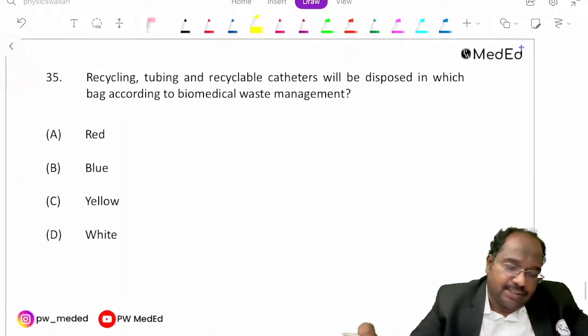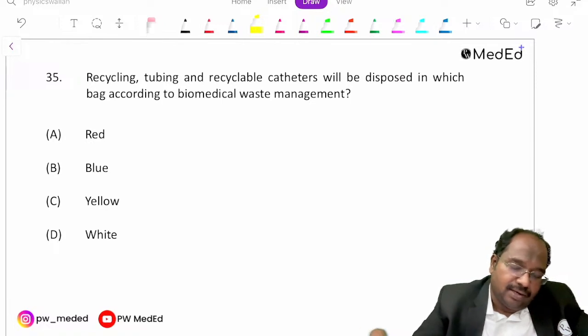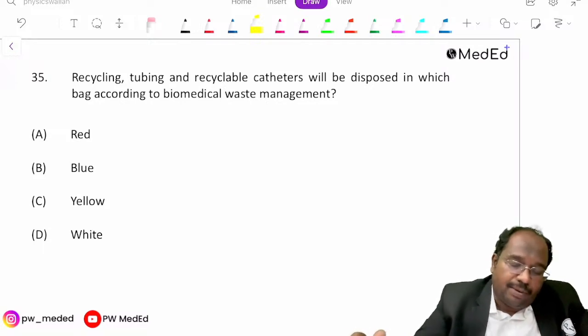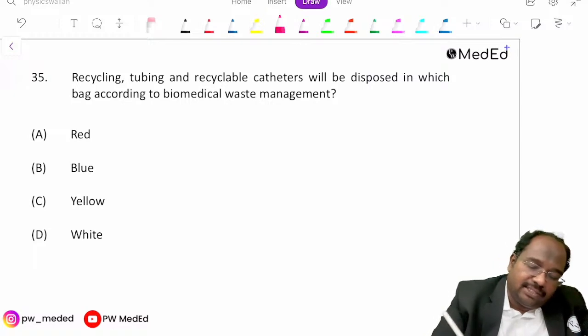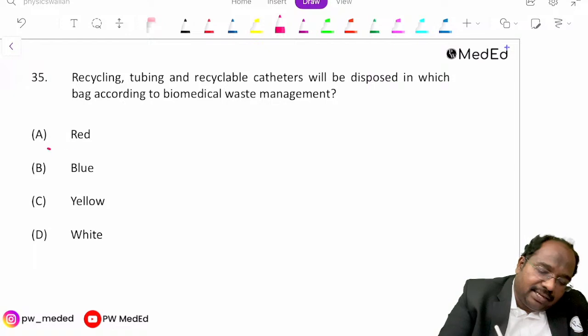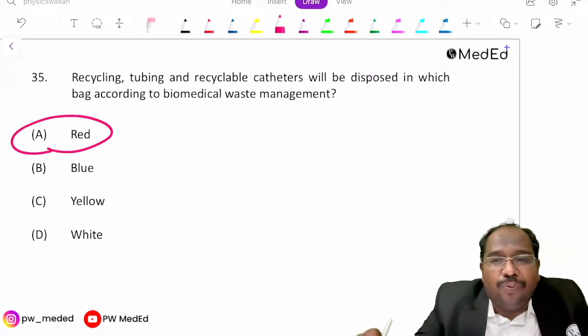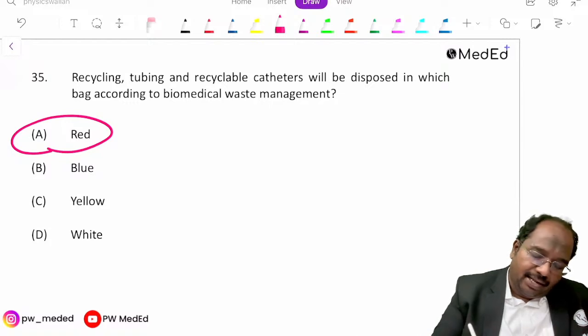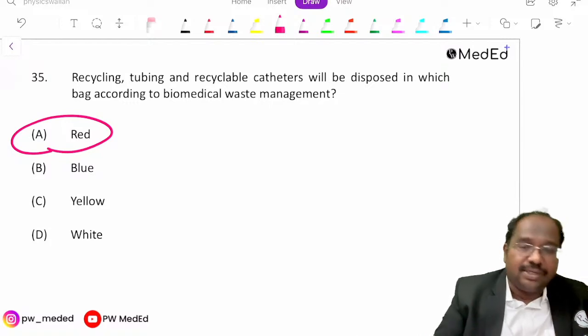Answer the next question, guys. Recycling tubing and recyclable catheters will be disposed in which of the following biomedical waste? Yes, it is red color. Red means rubbers, tubes and catheters.